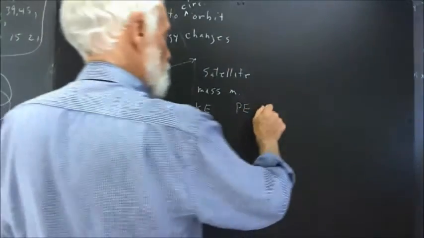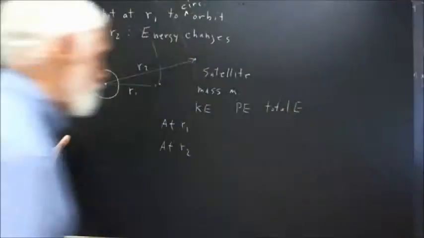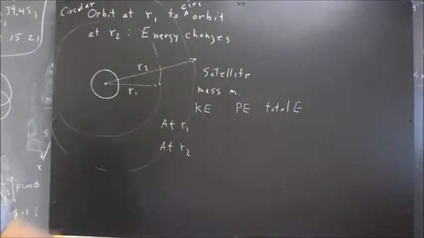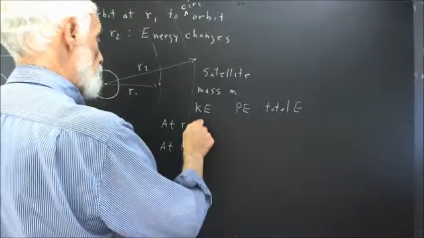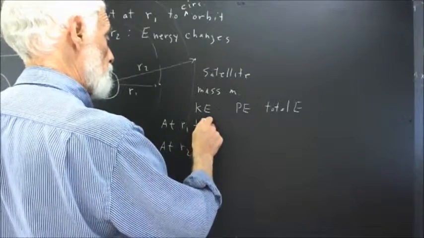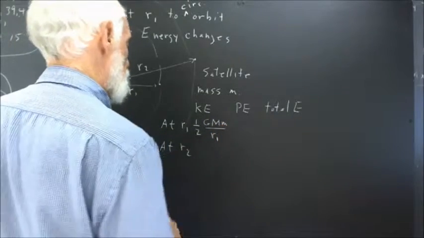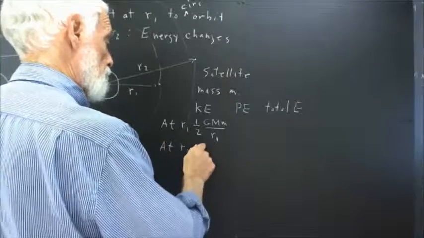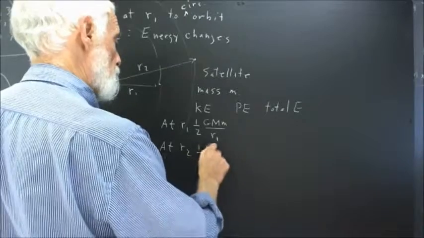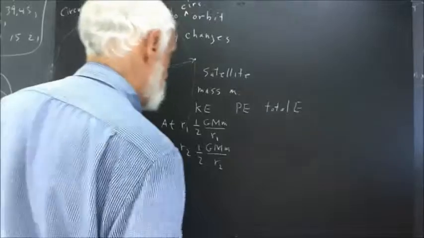And of course, we also want to see the total energy, the total mechanical energy. Okay, well, what do you get? At R1, the kinetic energy is 1/2 G big M little m over R1. At R2, the kinetic energy is 1/2 G big M little m over R2.